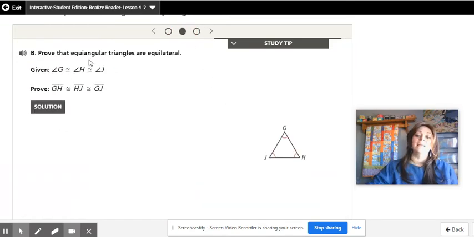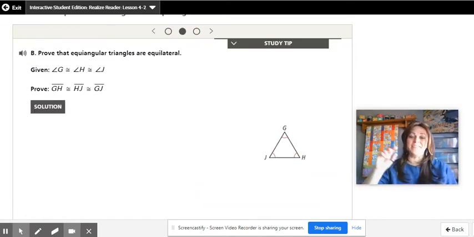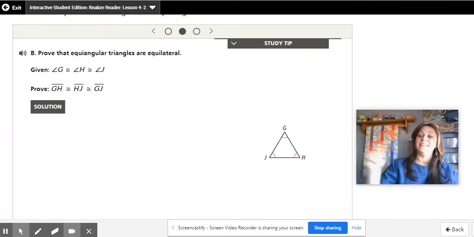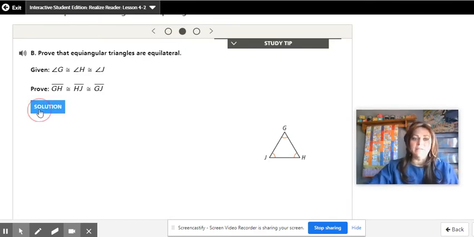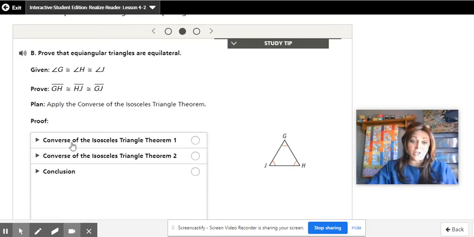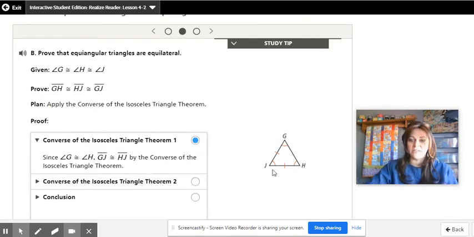So you're going to prove the opposite. You're going to prove if the angles are the same, then the side lengths are the same, basically the same way. So it says by the converse of the isosceles triangle theorem, because that's the converse, you start with the angles. If angles G and H are congruent, then these side lengths are congruent.